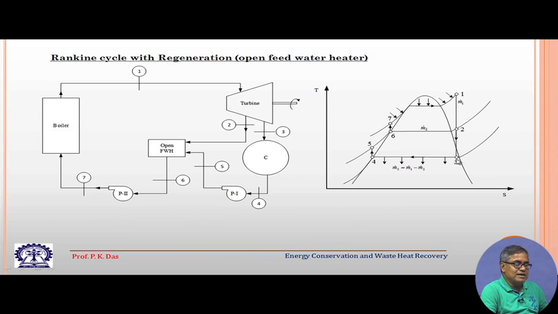Then at 3 this amount of steam is condensed in the condenser, and it reaches point 4, which is the saturated liquid condition. Then there is a pump P 1, which raises the pressure up to 5.